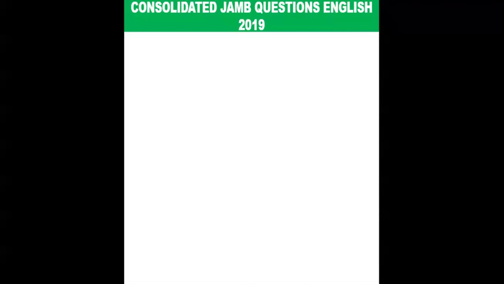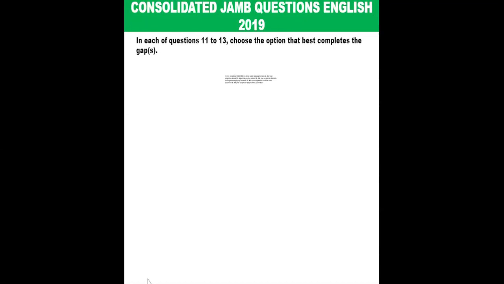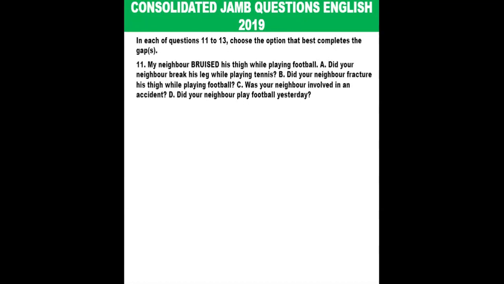English questions of 2019, so that I will show you how to answer them. In each of questions 11 to 13, choose the option that best completes the gaps. 11. My neighbor bruised his thigh while playing football. Stress is on bruised. And then we have options. A. Did your neighbor break his leg while playing tennis?